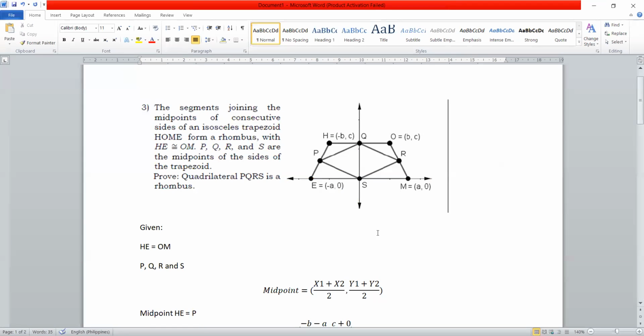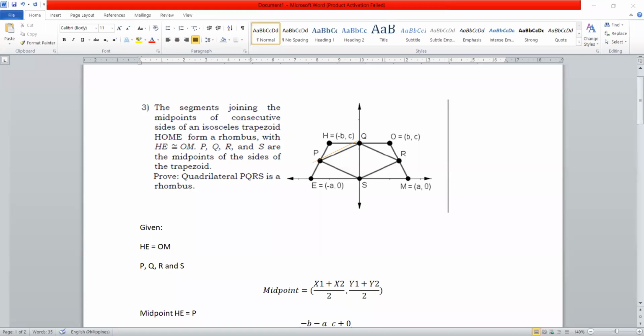Next, to prove that quadrilateral PQRS is a rhombus, the distances of the line segments PQ, QR, RS, and PS should be equal.